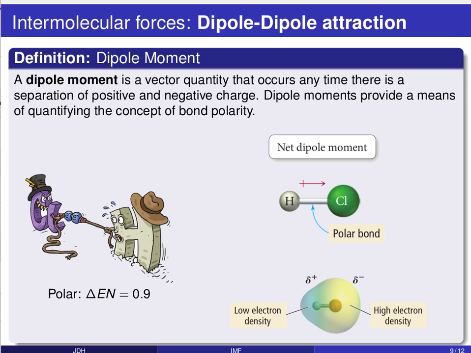A polar covalent bond represents an asymmetry in the distribution of electrons. The chlorine atom is pulling those electrons closer to itself than the hydrogen, so there's more electron density centered around that chlorine atom.